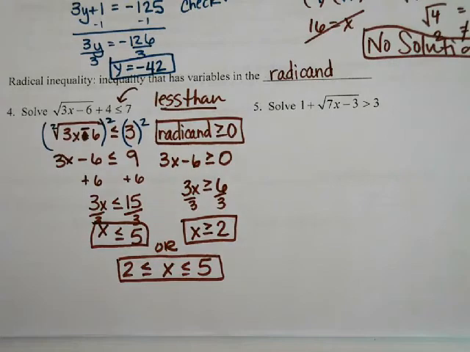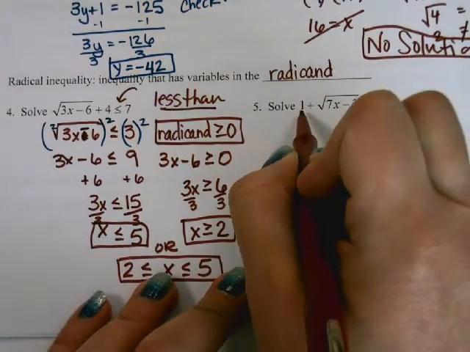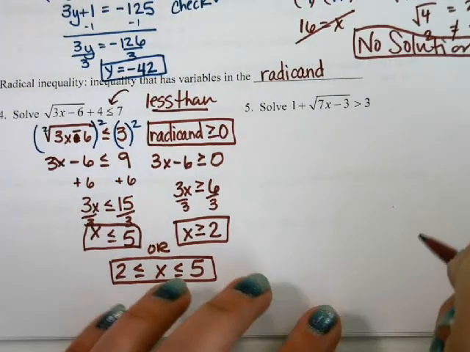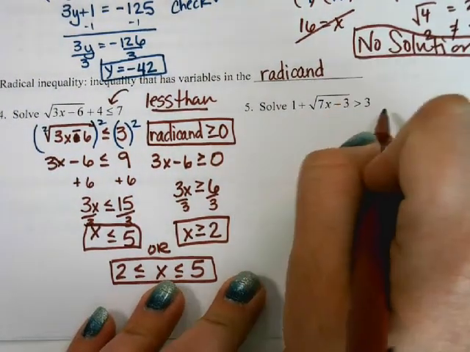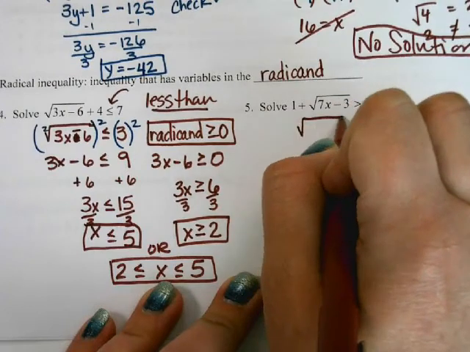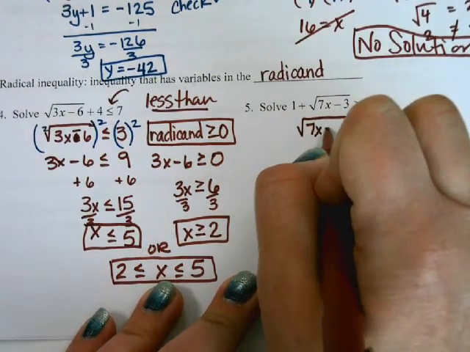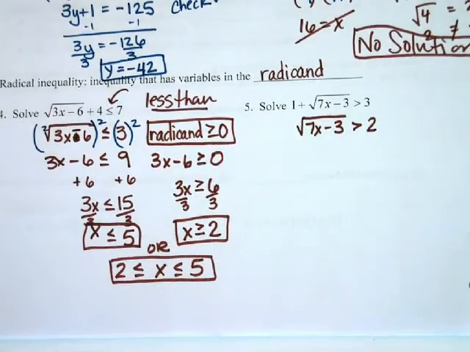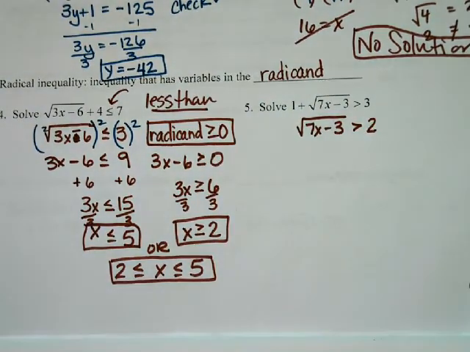Okay, so subtract 1. Number 5 says 1 plus the square root of 7x minus 3 is greater than 3. So I'm going to subtract 1. So I have the square root of 7x minus 3 is greater than 2. Again, my index is still 2.